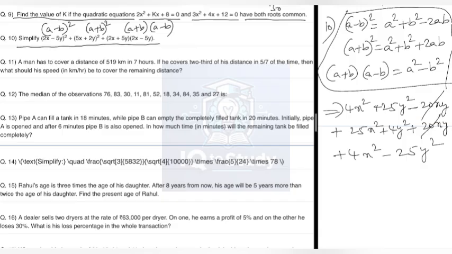Here minus 20xy and plus 20xy get cancelled, and 25y square gets cancelled.